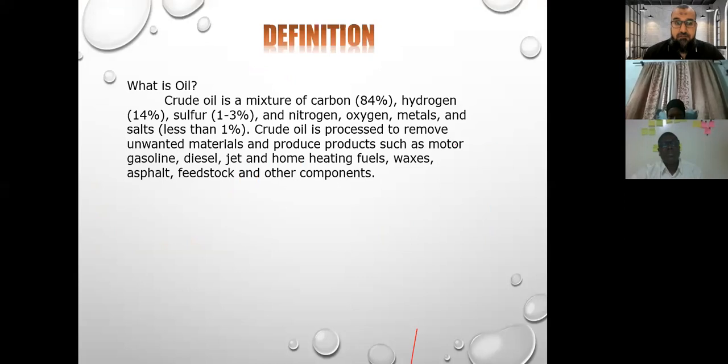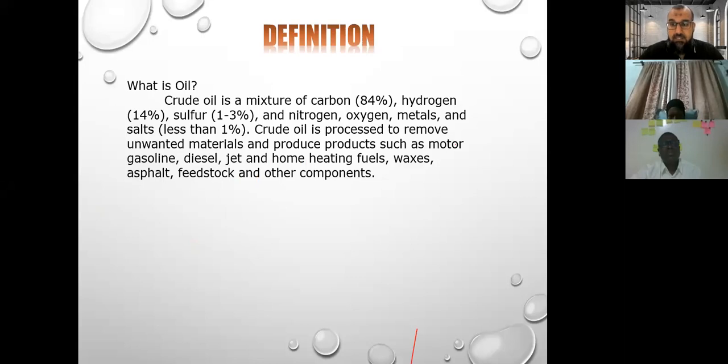So the definition, first: what is oil? Since we are now starting to understand the knowledge about oil and gas, what do we mean by oil? Actually, crude oil is different from refined oil.